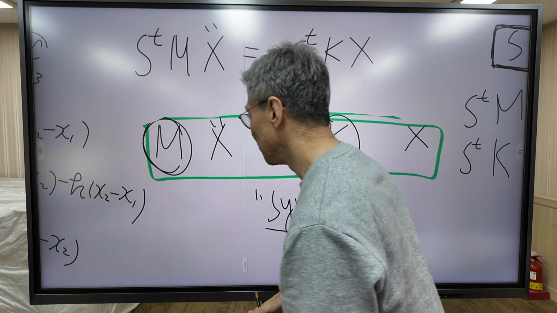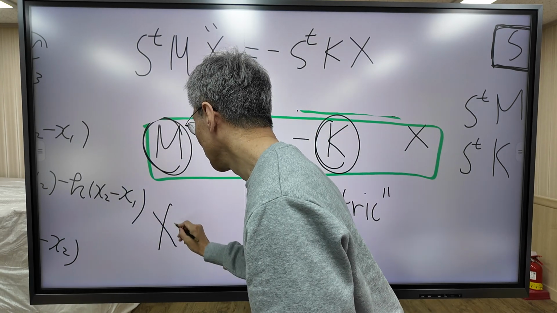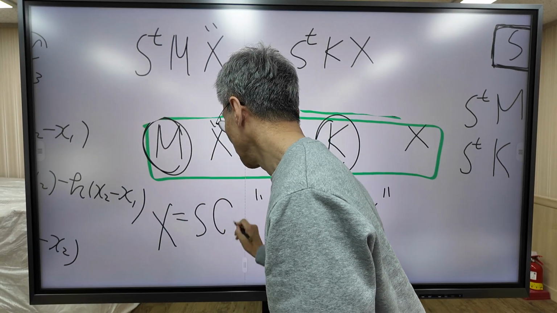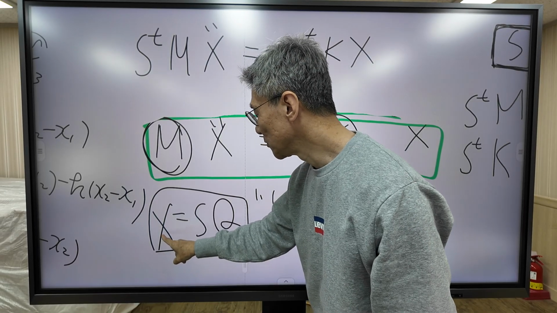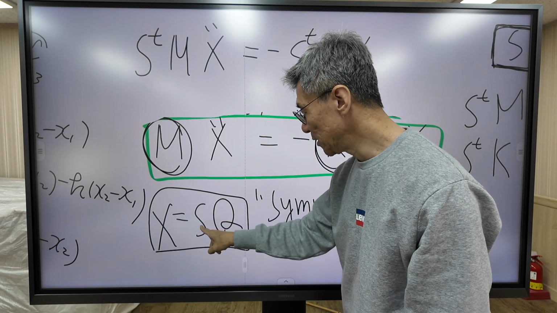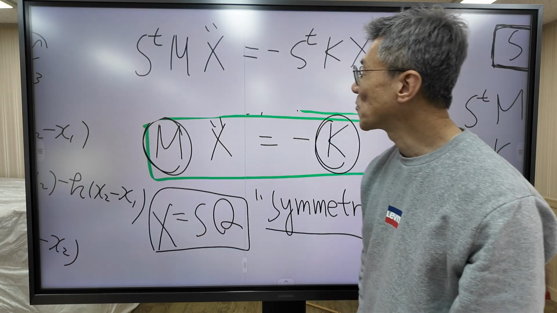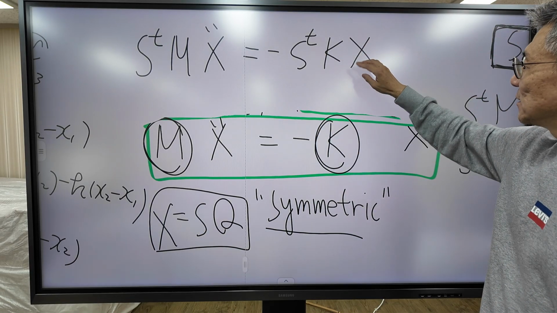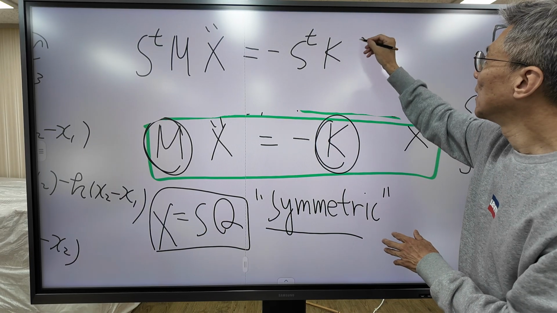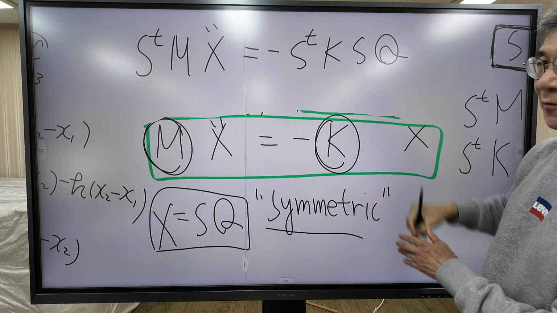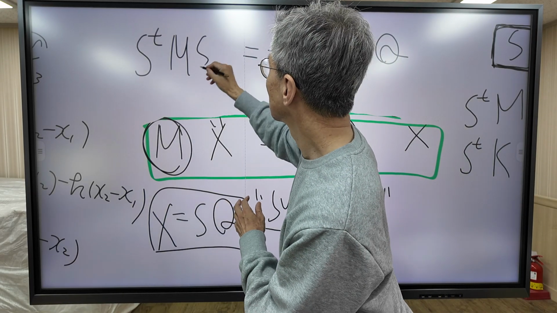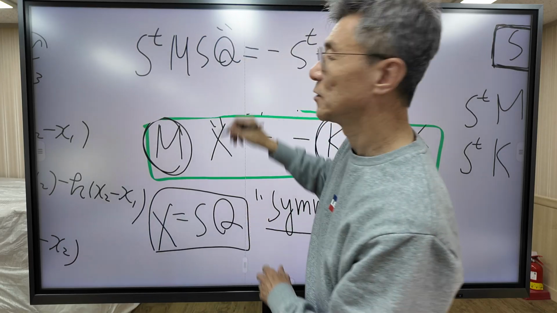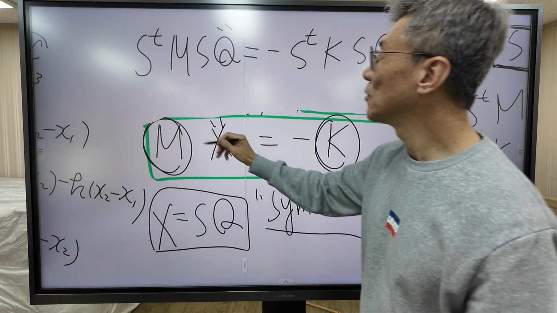And I'm going to define a new variable Q in this way. From X, we are going to introduce new variable Q using matrix S. Then X can be rewritten as SQ. So X double dot is S Q double dot. So this is our new equation.